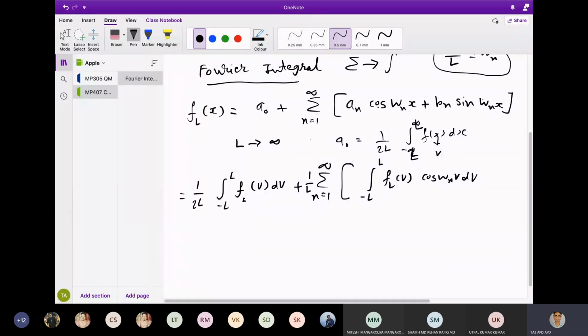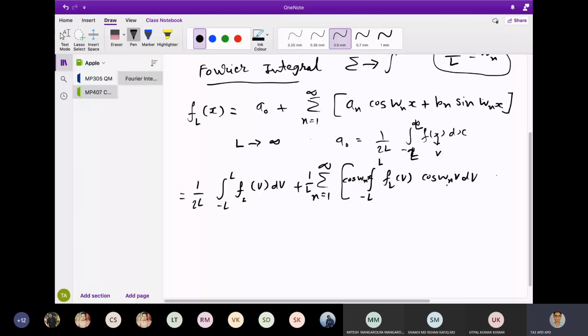And still we have this cos w_n x. So I will just write it somewhere here. These two are separate, so I'll write it here: cos w_n x.